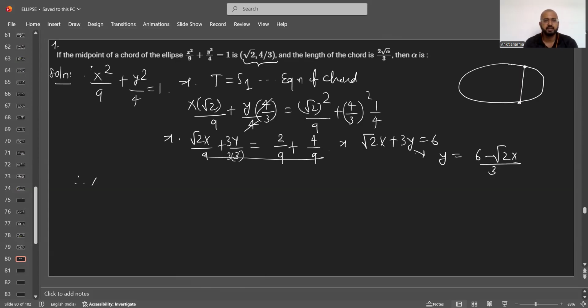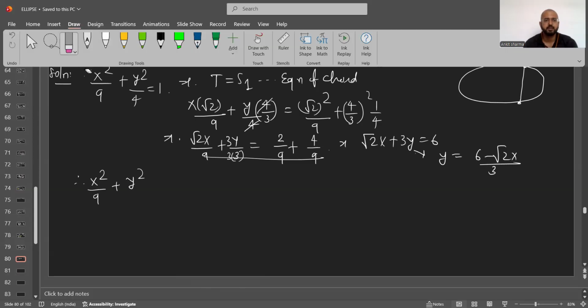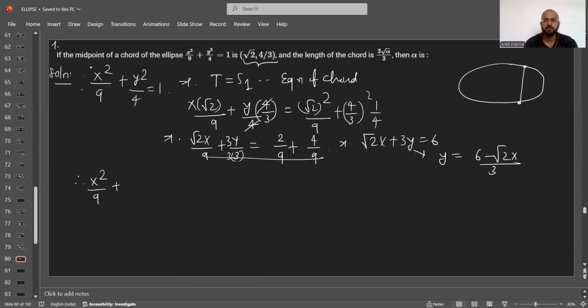Therefore, I get x square over 9 plus y square over 4, where y is 6 minus root 2x over 3, so y square is 6 minus root 2x square over 9. This is equal to 1.